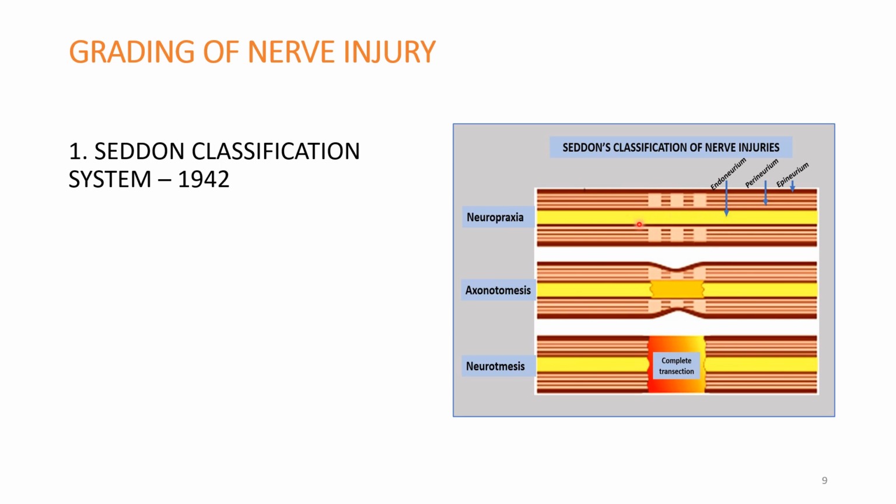It is the simplest or mildest form of nerve injury, in which you may experience some motor loss and sensory loss depending on the type of nerve, and this is reversible and it has physiological conduction block. Why does it occur? It occurs mostly due to mechanical pressure, and spontaneous recovery is possible after a few days or few weeks.